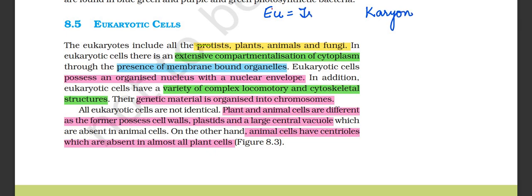Eu means true or well defined, and karyon means nucleus. The cells that have a true, well-defined nucleus are eukaryotic cells.